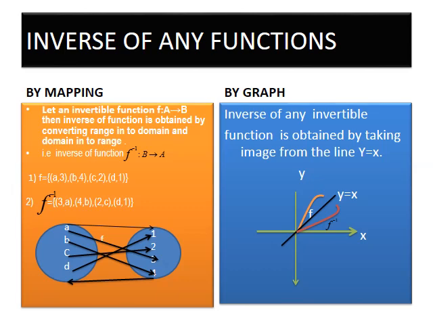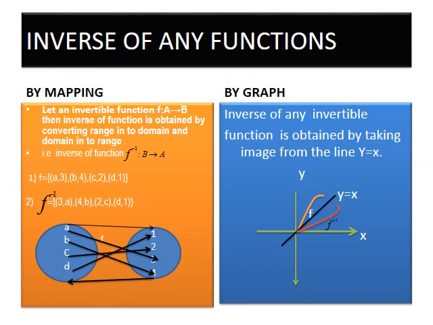Okay, let's see the second method, inverse of a function by graph. Here the inverse of any invertible function is obtained by taking the image in the line y equals x. We put a mirror along the line y equals x, and after that we just take the image. After taking the image, we get the graph of the desired inverse of the function.